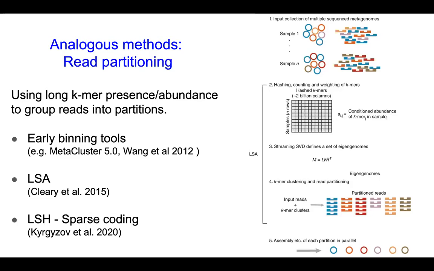The bins that you recover are not necessarily overlapping with the bins that can be recovered with assembly-based binning. It is better at recovering really low abundant organisms. So there might be a place in a parallel workflow for something like this. Again, this requires that the more samples you have, the better this works.